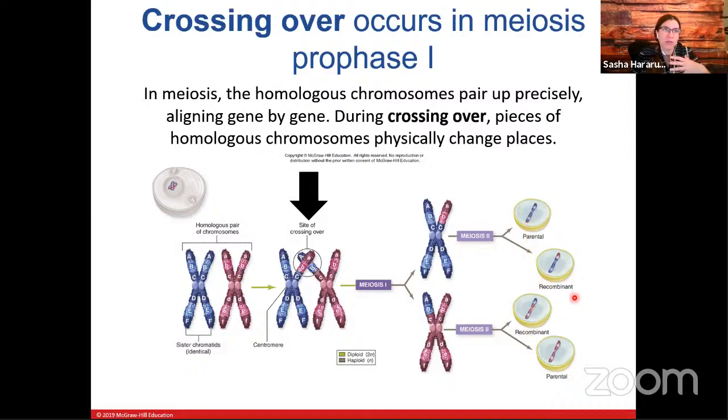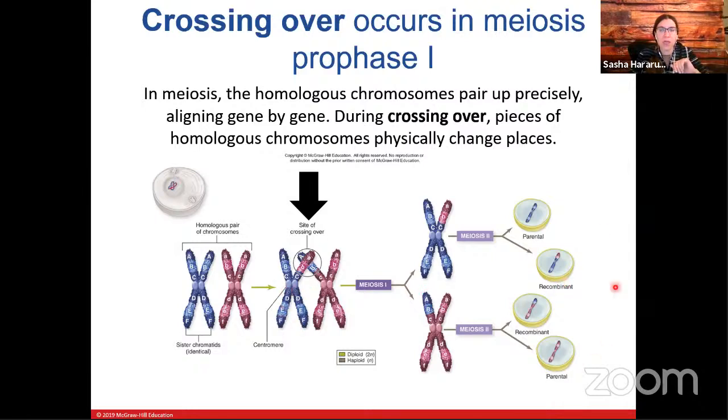If you inherited one chromosome from the father and one from the mother, you may not necessarily produce gametes that contain uniquely the genes from the father or uniquely the genes from the mother. Because of this crossing over process, the alleles for the genes mix up, producing some new combinations of alleles that would be unique to you, unique to the gametes that you produce, and not the gametes that your mother or father produced.